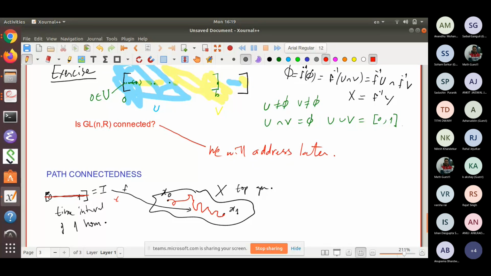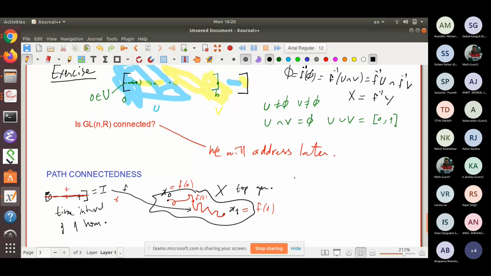T goes to the point F(t). Any point t goes to F(t). This X0 is F(0), and this X1 is F(1), which means you begin at time 0 at X0, then as time passes, you continuously move around, and at time 1, when the hour is up, you have arrived at the other point.